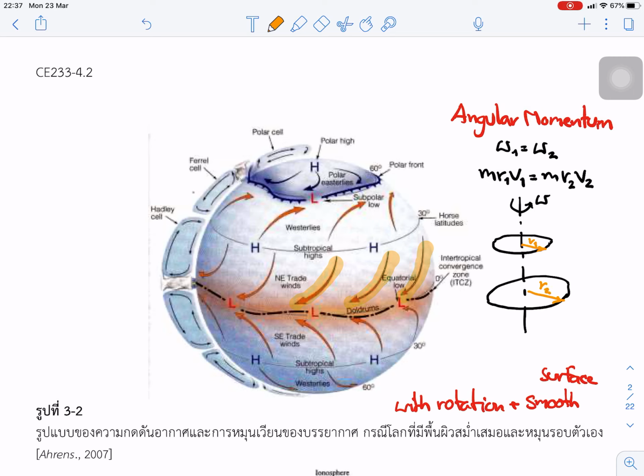This radius of rotation, the top one, is close to the pole, but the bottom one is close to the equator. So the radius at the equator is greater, R2 is greater than R1.